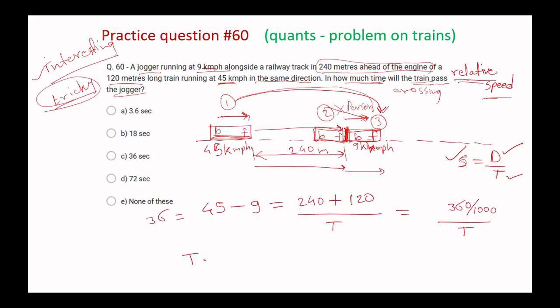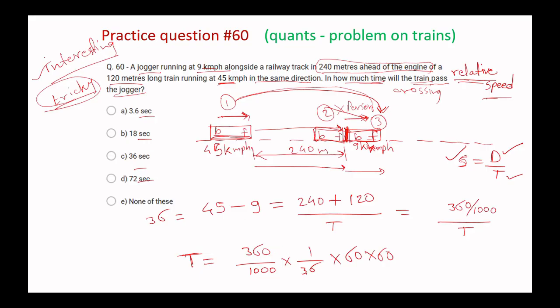So t will be equal to 360 upon 1000 and this 36 will be in the denominator. Since this time will be in hours, we can multiply it by 60 so that we will be getting the answer in seconds.